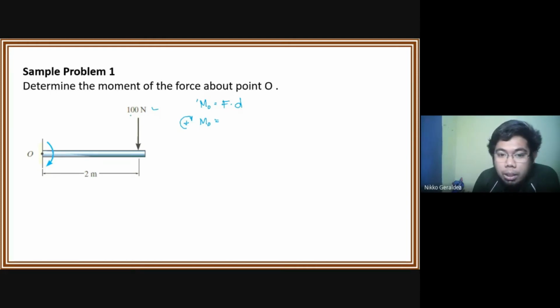Ang force natin is 100 Newton times perpendicular distance, that is 2 meters. So, 100 Newton times 2 meters. Moment at point O is equal to 200 Newton meter, positive.